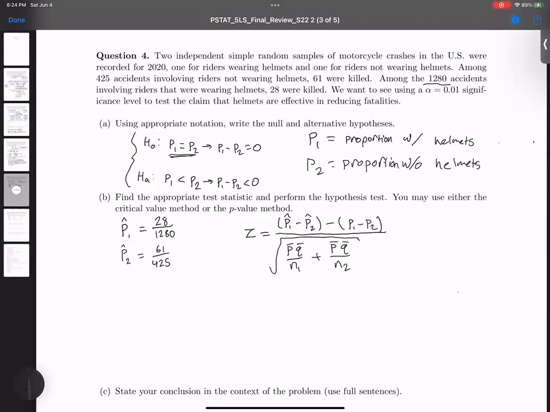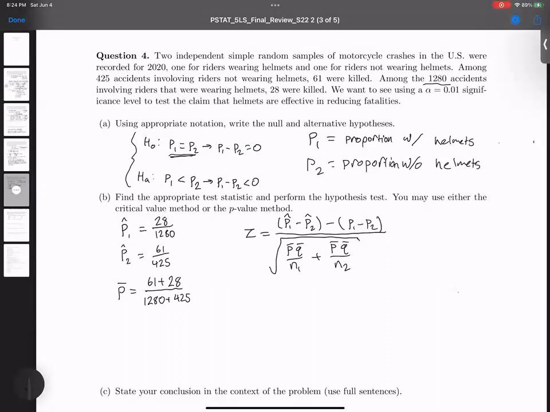So let's compute over here on the side what P bar is. P bar is, assuming that the proportions P1 and P2 are the same, then we could just assume that we sampled from one big population. So our total proportion of deaths would be 61 plus 28 over the total number we sampled, which was 1280 plus 425.